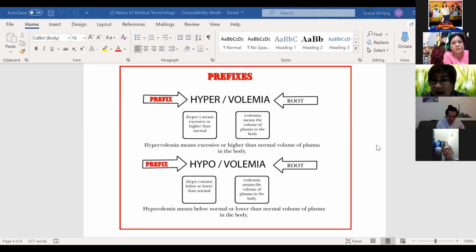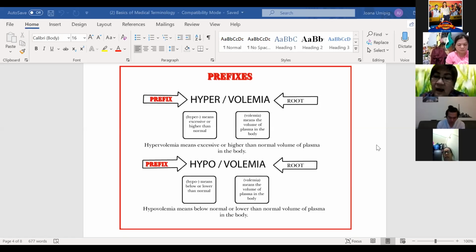So right now, we have already formed a word with a prefix. Hyper is put before the word root, and hyper is a term for higher than normal or more than normal. So we have hypervolemia, which means excessive or higher than normal volume of plasma in the body.